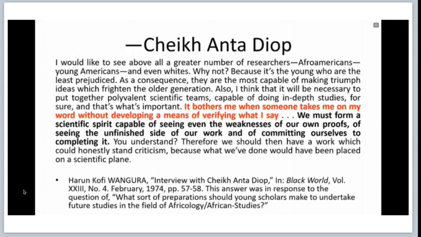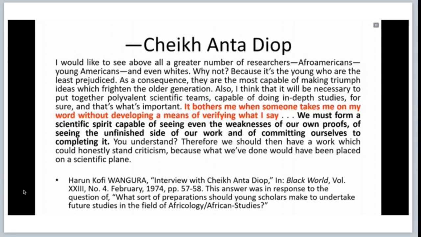Quote, this is Diop. He said, "I would like to see above all a greater number of researchers, Afro-Americans, young Americans, even whites. Why not? Because it's the young who are the least prejudiced. As a consequence, they are the most capable of making triumph ideas which frighten the older generation. Also, I think that it would be necessary to put together polyvalent scientific teams capable of doing in-depth studies for sure.